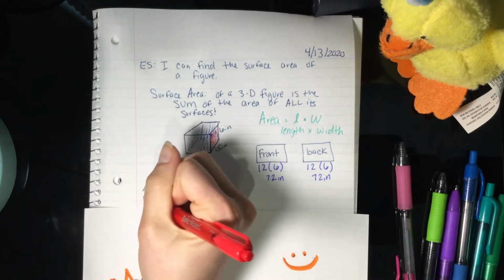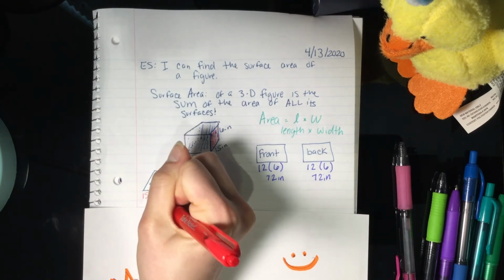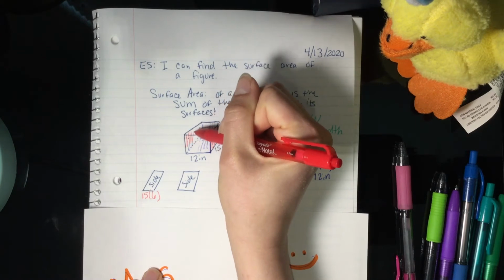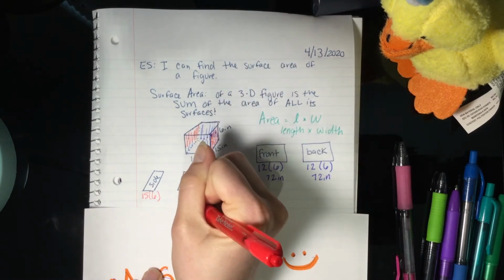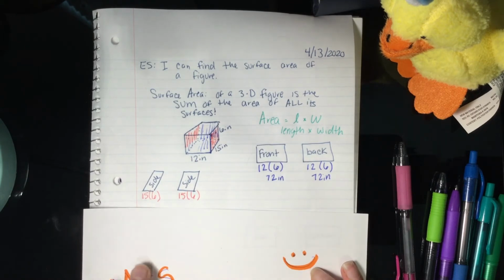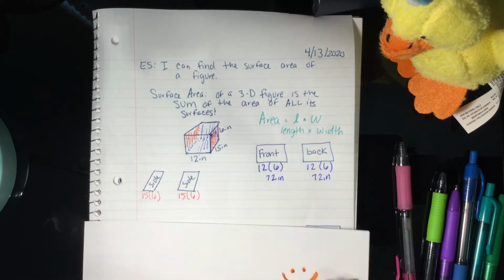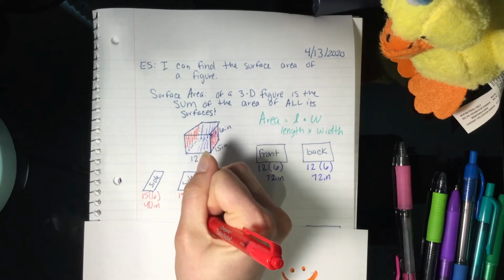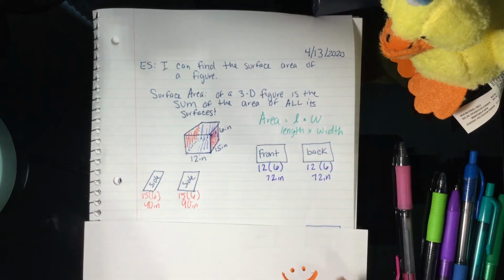I'm going to write this right here, 15 times 6. And on this side, it's also 15 times 6. Does anyone know 15 times 6? All right, so 15 times 6 is 90 inches and 90 inches.